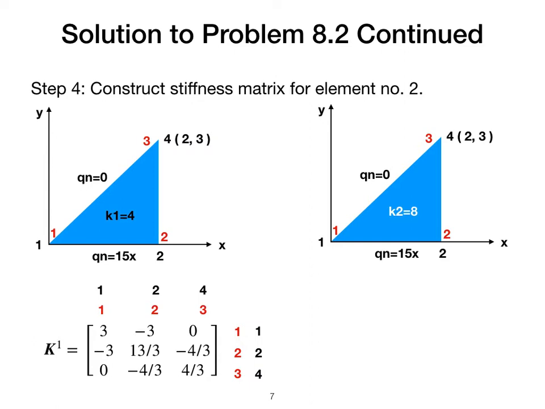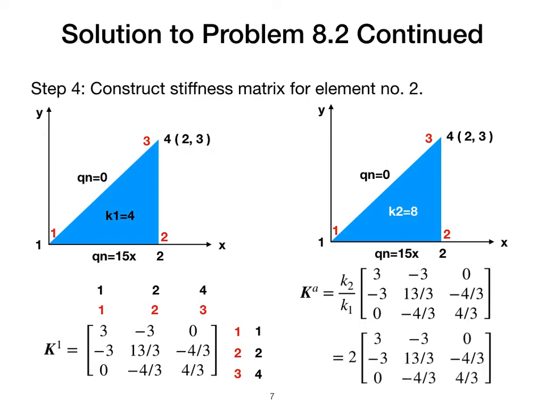If the second element were the same as the first element, with only the difference that conductivity is twice as large as that of element number 1, then the stiffness matrix would be given by Ka equal to K2 over K1 multiplied by the original stiffness matrix for element number 1.